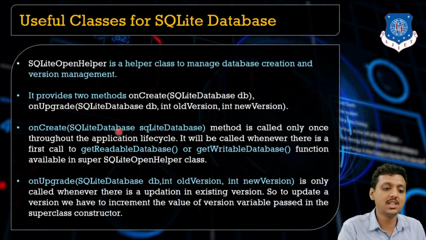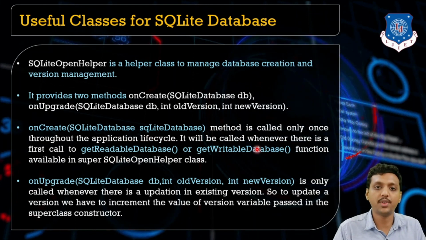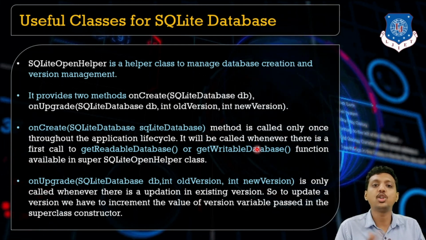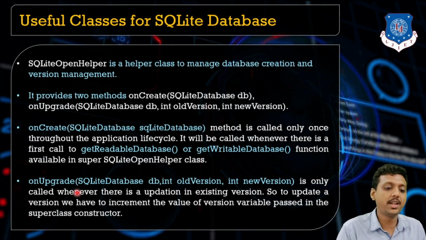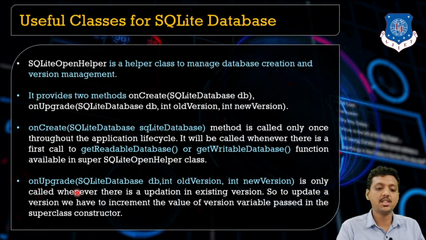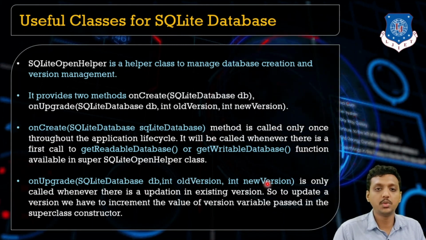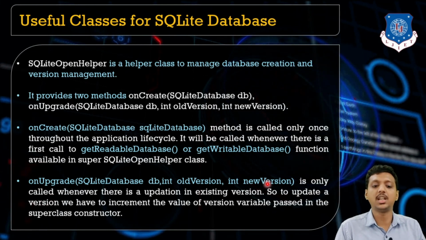Again, students, getReadableDatabase and getWritableDatabase are also the functions that decide in which mode you want to open the database, write mode or read mode. Now onUpgrade. The onUpgrade method contains a database object, the older version and the newer version, both of them. It is only called whenever there is an update to the existing version.